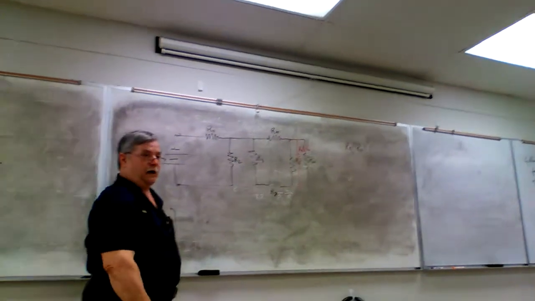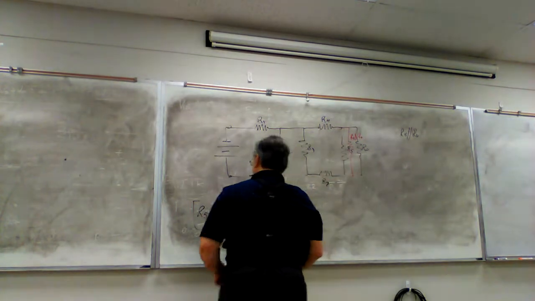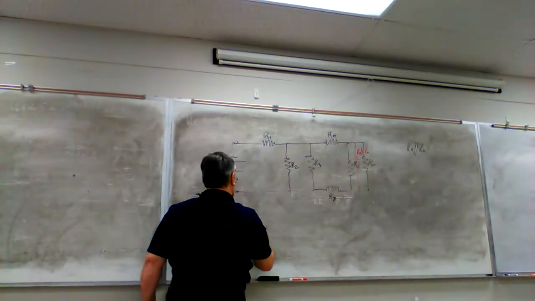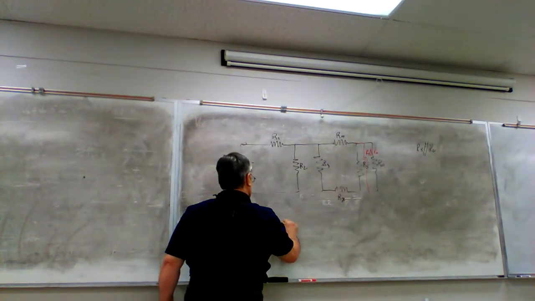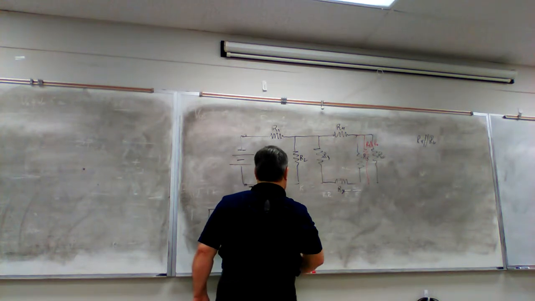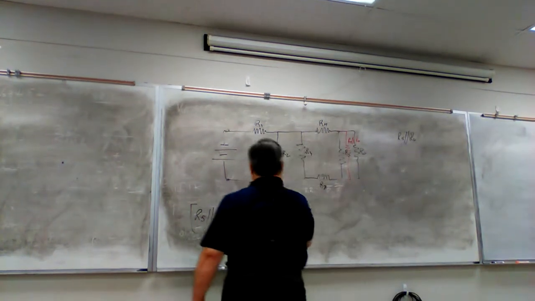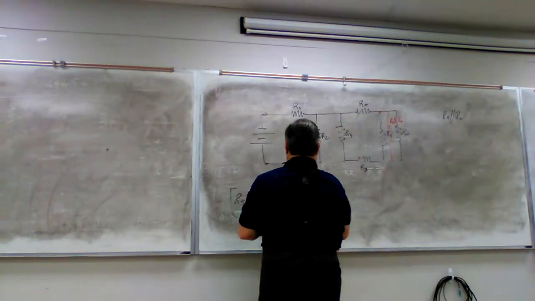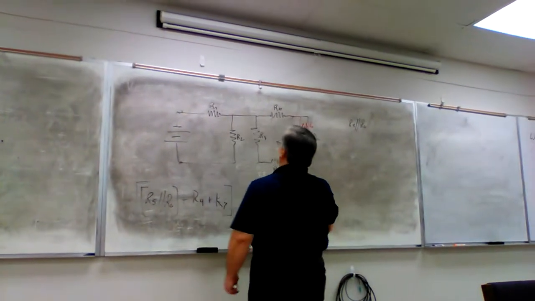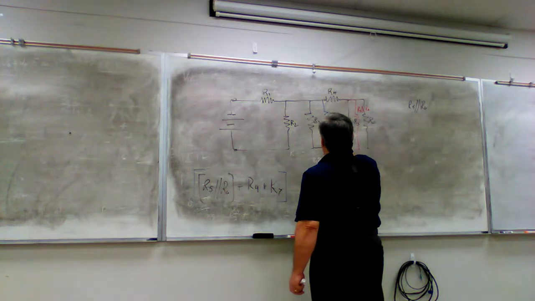Well, now when you come to the farthest point away from the source, you've got 3 resistances in series. I'm sorry, not 5, 7. And that gives you this single equivalent resistance value right here.